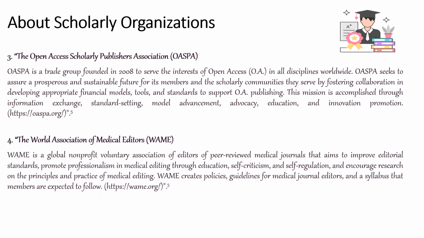It was set up to seek and assure a prosperous and sustainable future for its members and scholarly communities by fostering their collaboration in developing appropriate financial models, tools, and standards to support open access publishing. So it is totally dedicated to open access publications.